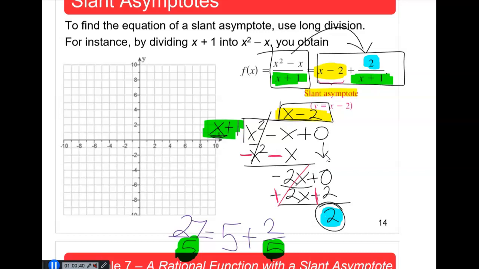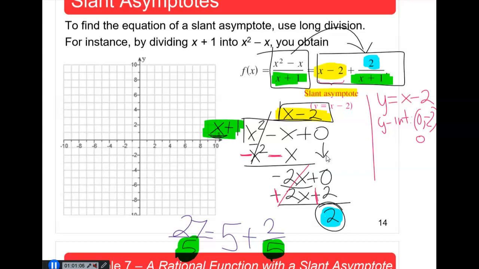So if we consider the line, the slant asymptote, y equals x minus 2, we know that the y-intercept is (0, negative 2). So I'm going to start by finding that, and I'm going to use an open circle because that's not a real point on the graph. In fact, the graph can't touch it.